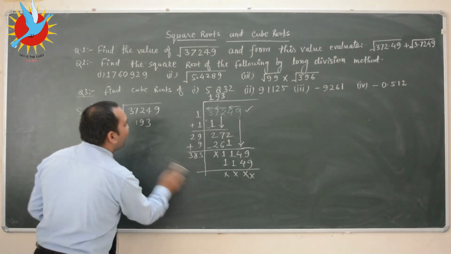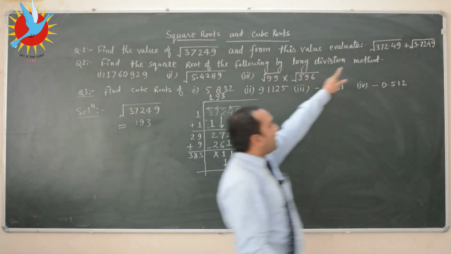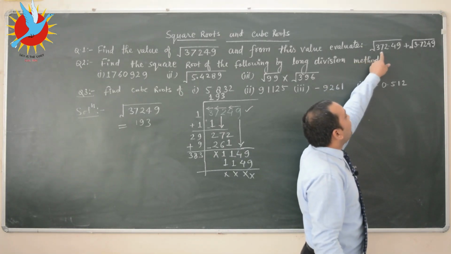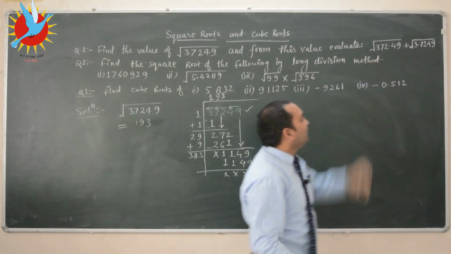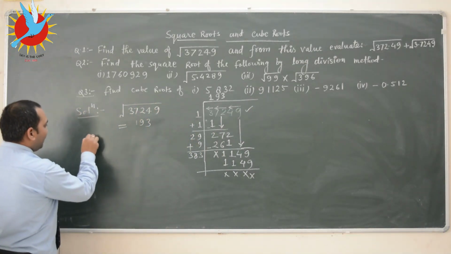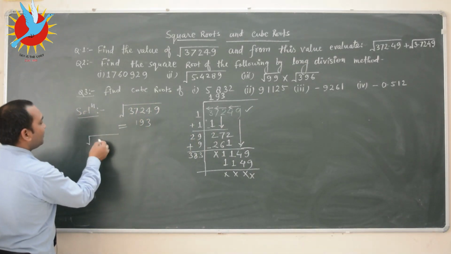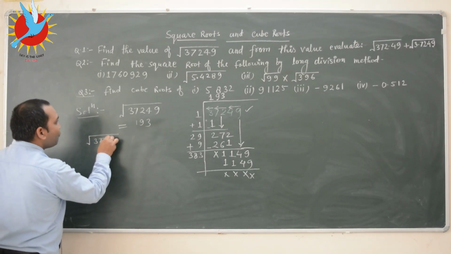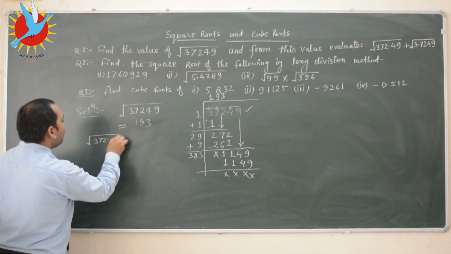Now we have to find the square root of 372.49 plus the square root of 3.7249.